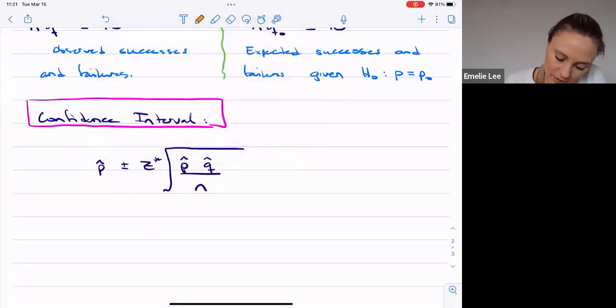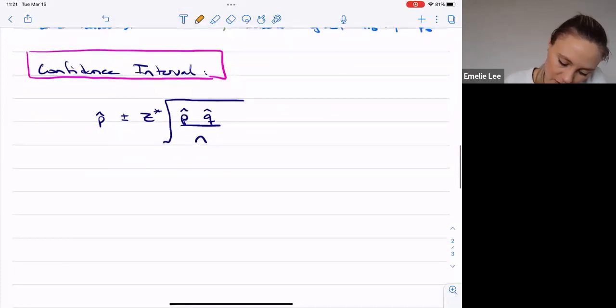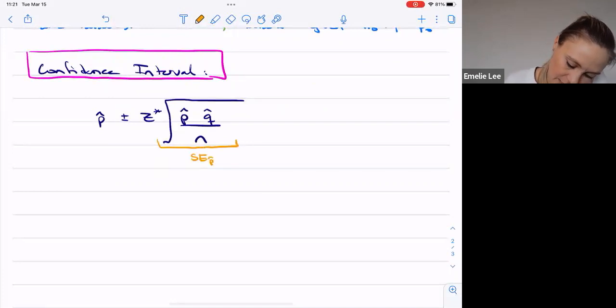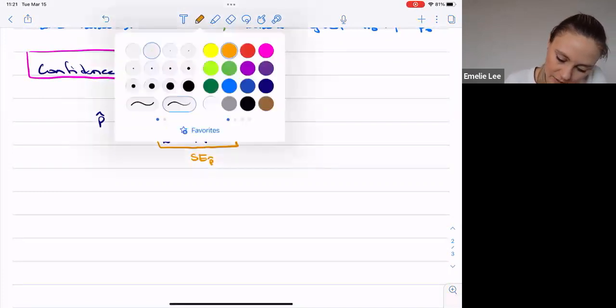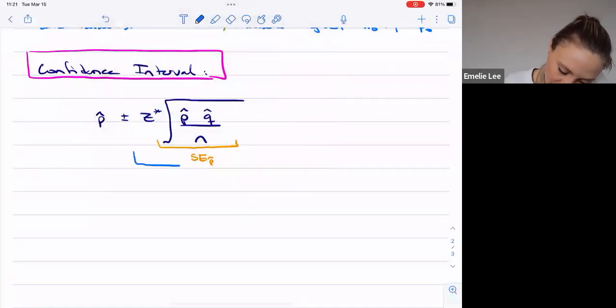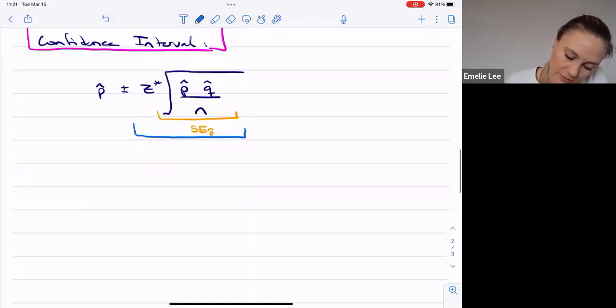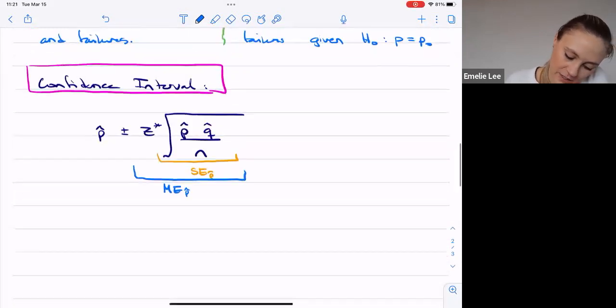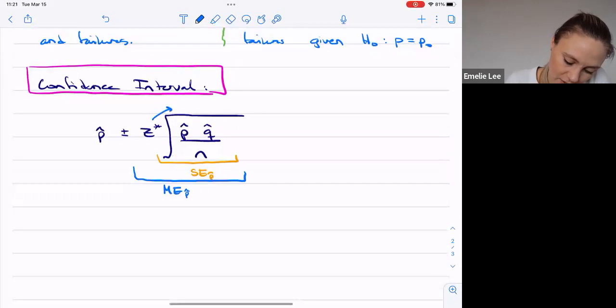Where remember, this is the standard error of p hat. And when we multiply it by that critical value, we get the margin of error of p hat, right? And z star is called a critical value.